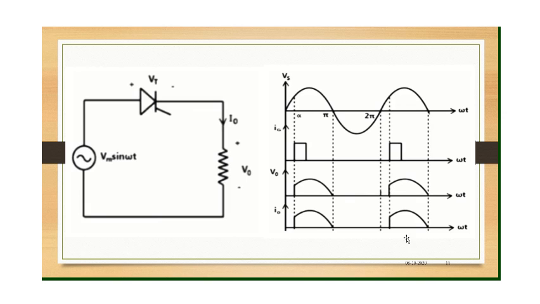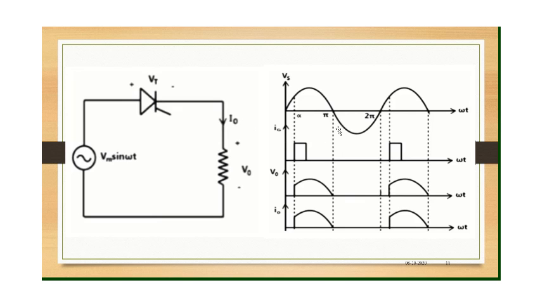Okay, this is your output voltage and output current. I hope you are able to understand. So we will go into detail with the derivation, equations, expressions, everything in the coming sessions. All right. So this was used to explain the natural commutation.